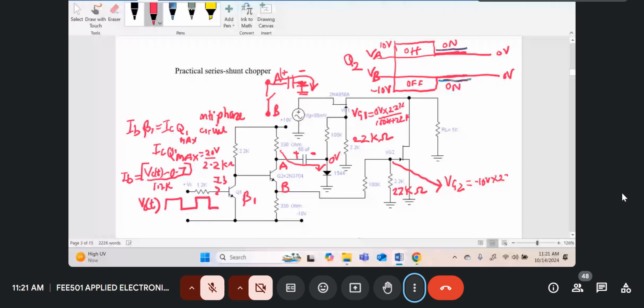times 22K over 100K plus 22K. Now that voltage is designed to switch off. Let me just see. That's 22 divided by 122 times 10 volts. So this is working out to about minus 1.8 volts.